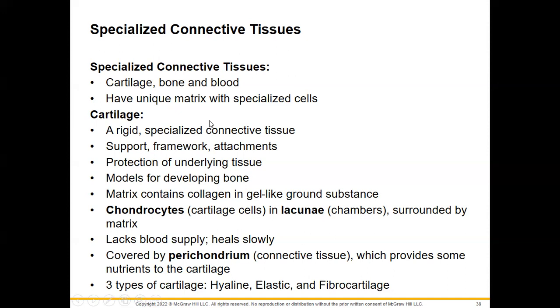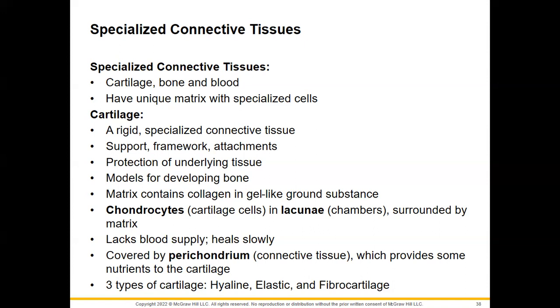It's strong, it's just kind of squishy. That gristle in that chicken bone is going to support structures, it's going to help support the framework, and it's going to help support attaching things to one another. It is there to protect that underlying tissue. It's going to serve as a model for bones that are developing.